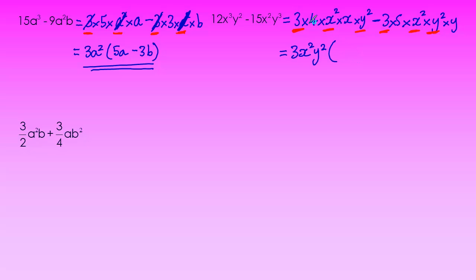Then I'm going to open my bracket. And if we've taken those things out, let's see what's left. So here I've got 4 times x, so I'll write that as 4x. I have a minus sign, and then I have 5 times y.